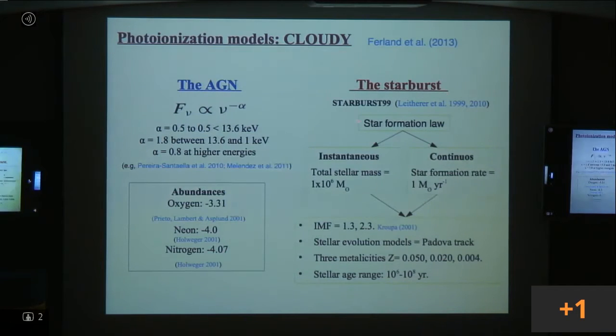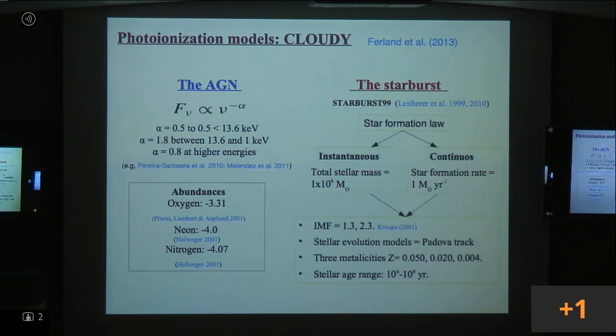While for the starburst, we use the Starburst99 code developed by Negrete et al., and we assume two star formation laws. An instantaneous one with a total stellar mass of 1 times 10 to the 6 solar masses, and a continuous one with a star formation rate equal to 1 solar mass per year.